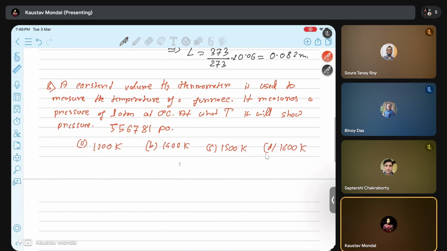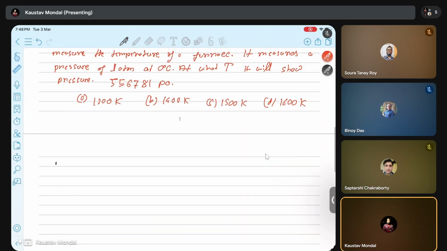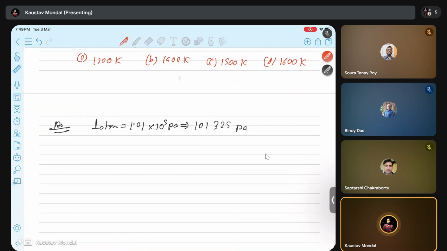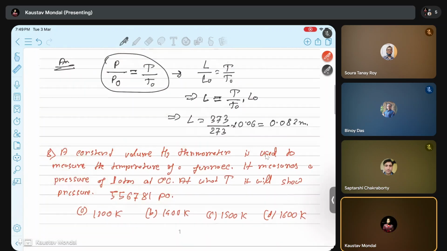Okay, so here 1 atm is, we know, approximately 1.01 into 10 to the power 5 Pascal. You can write it accurately like this: 101325 Pascal. The same formula applies: T by T0 equal to P by P0.